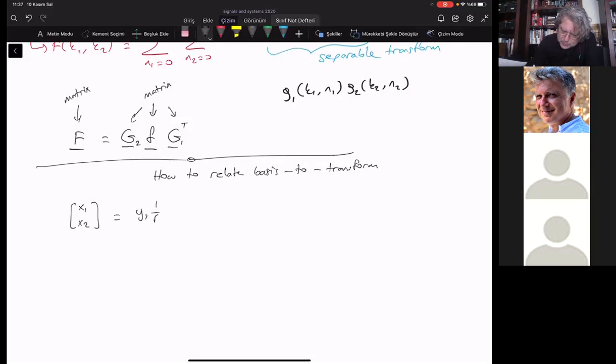So I'm putting the 1 over square root of 2, not a division, 1, 1, and y2, 1 over square root of 2, 1, minus 1.